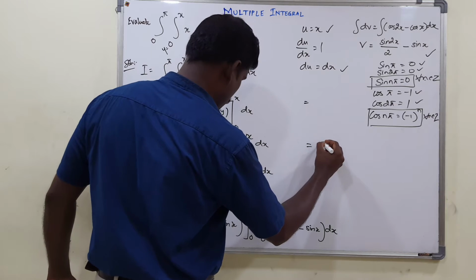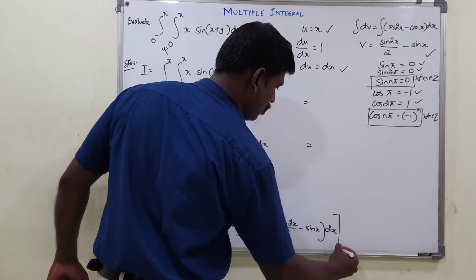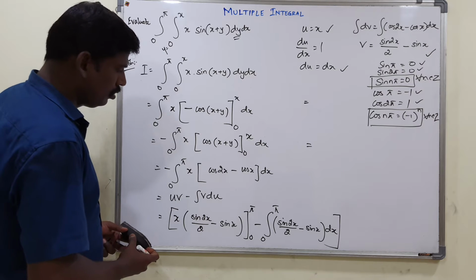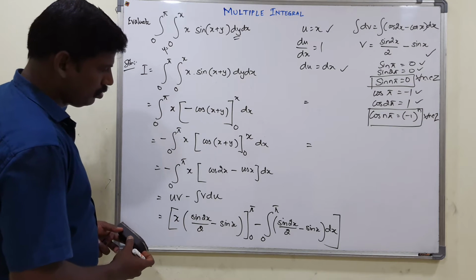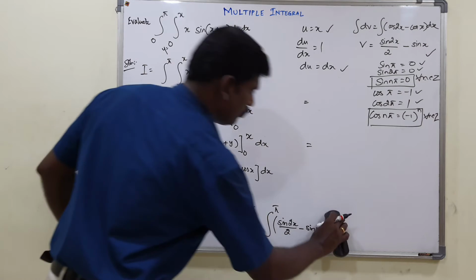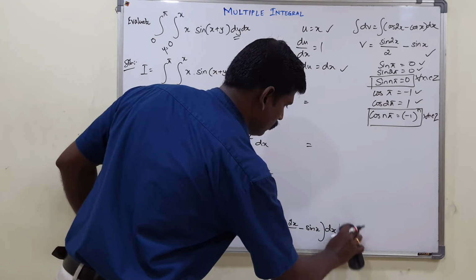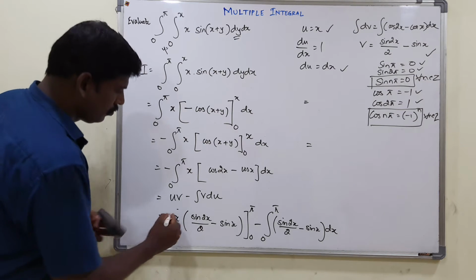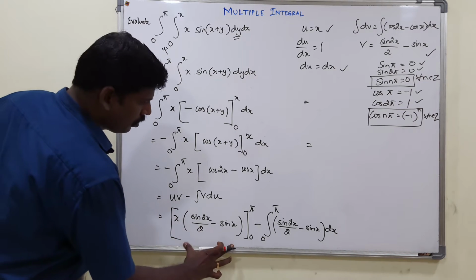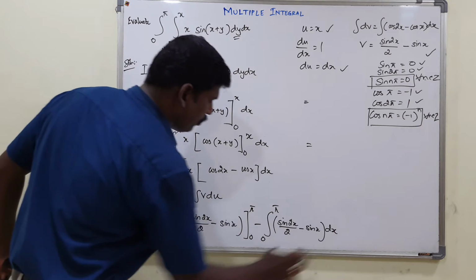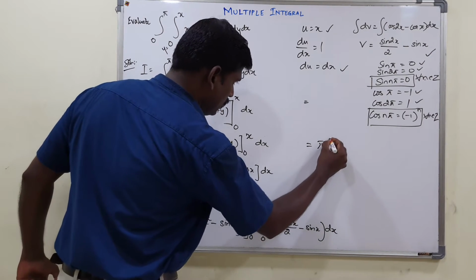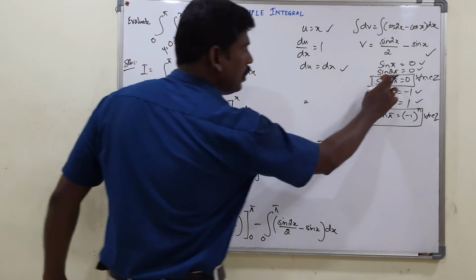So what will you get? uv minus integral v du, that's all. Now I am going to apply the upper limit here. So pi into, what is sin 2 pi? 0.